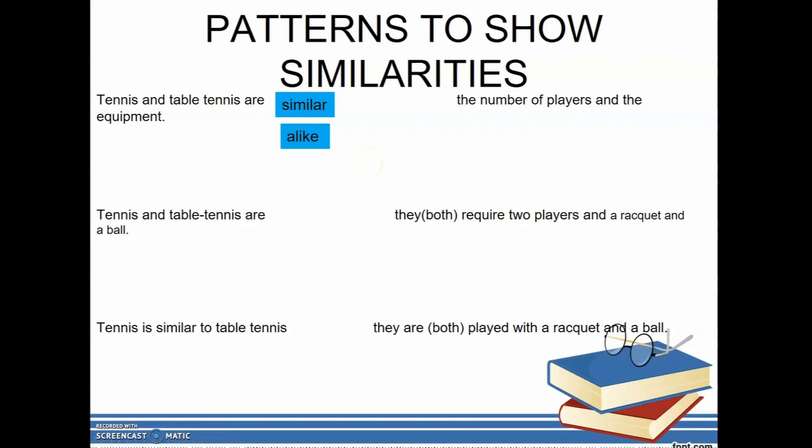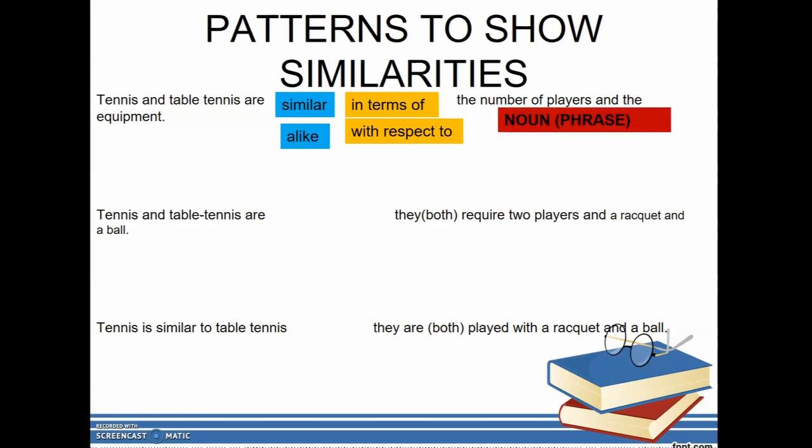Here we go. Tennis and table tennis are similar or alike in terms of the number of players and the equipment. Or tennis and table tennis are similar or alike with respect to the number of players and the equipment. So be careful, we put a noun phrase after these, let's say, prepositions.